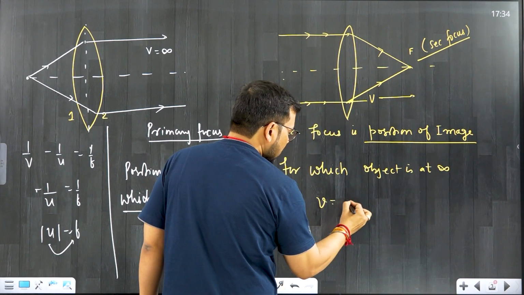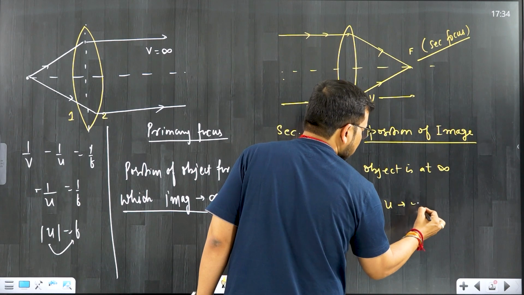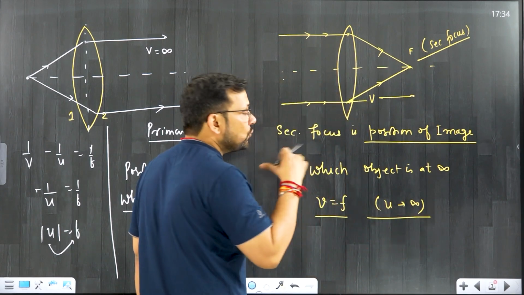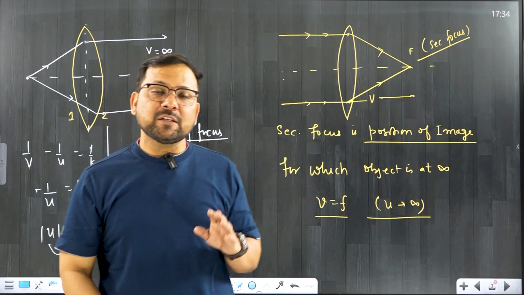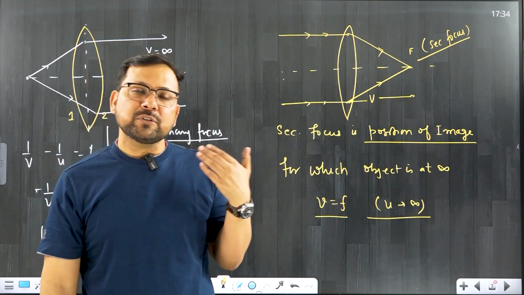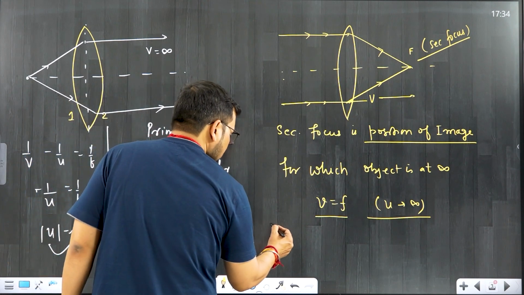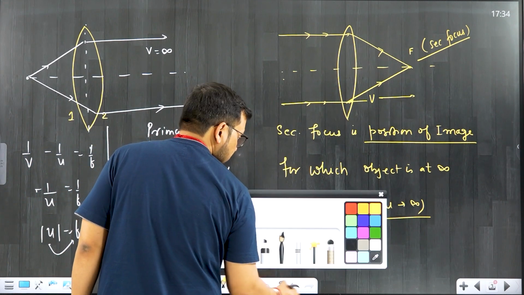So V is equal to the secondary focus with the condition that U is at infinity. These are the two focuses in the lens. Primary is the position of the object for V equal to infinity, and secondary is the position of the image for an object at infinity.